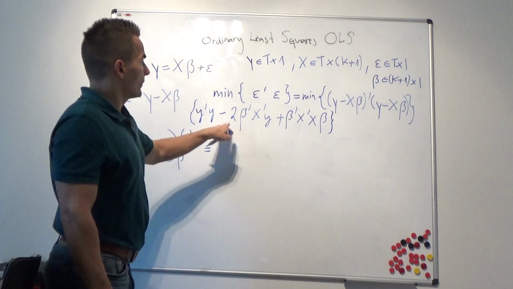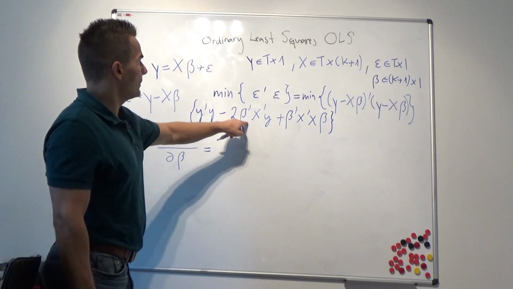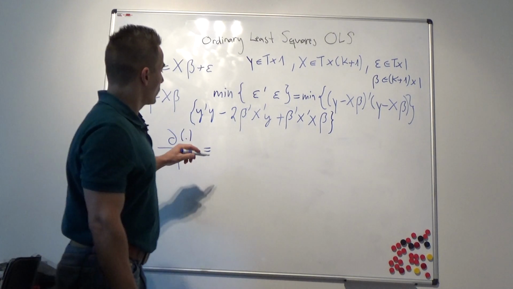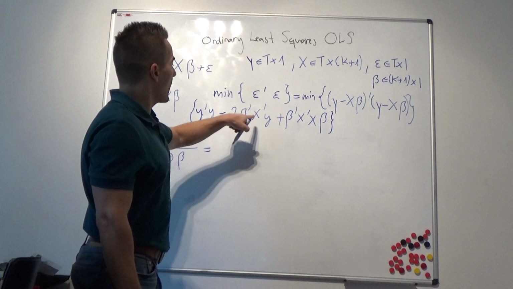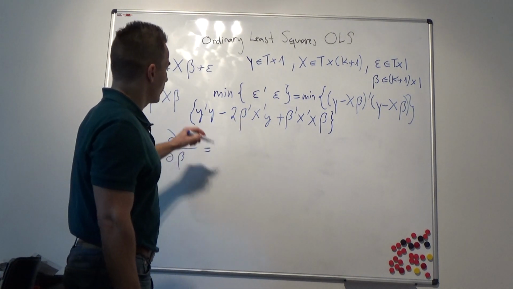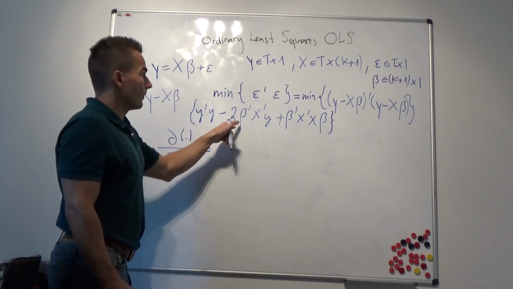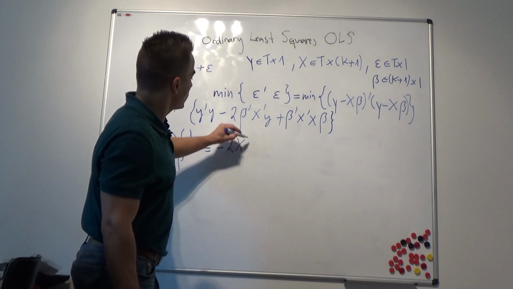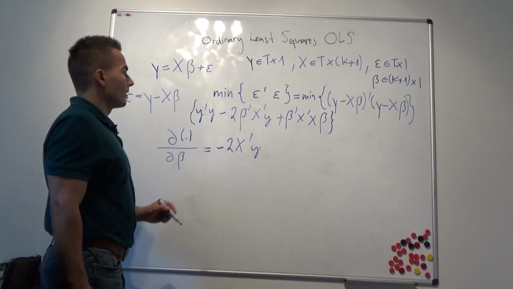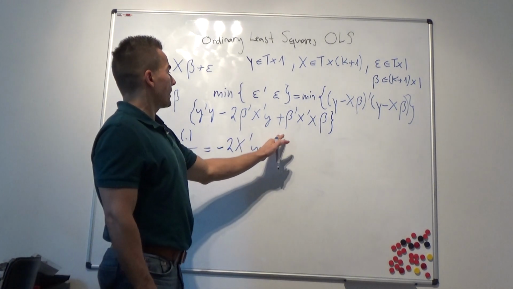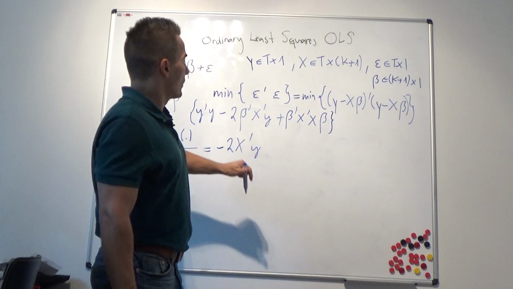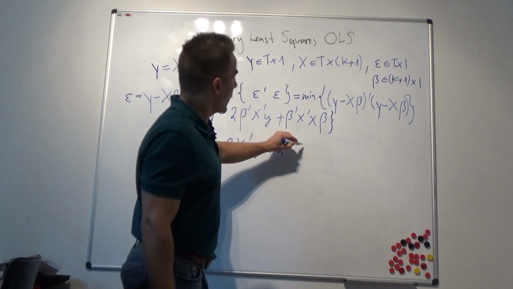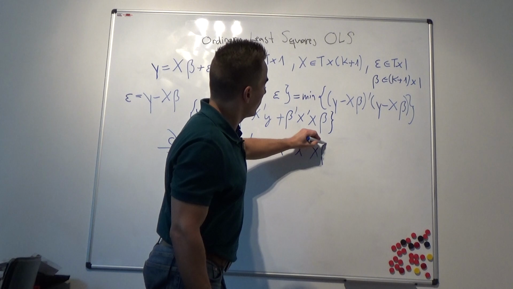The second part, minus 2 times beta transposed X transposed Y: if we take the derivative with respect to beta, the beta disappears and what remains is minus 2 times X transposed Y. And from this last term, what remains is 2 times X transposed X times beta.